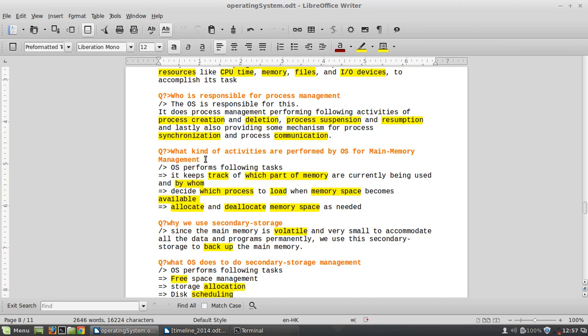It also decides which process to load when memory space becomes available. Whenever memory space becomes free, the operating system decides which process should be loaded into memory. Allocating and deallocating memory space are also done by the operating system. These are the functions done by the operating system to manage main memory.